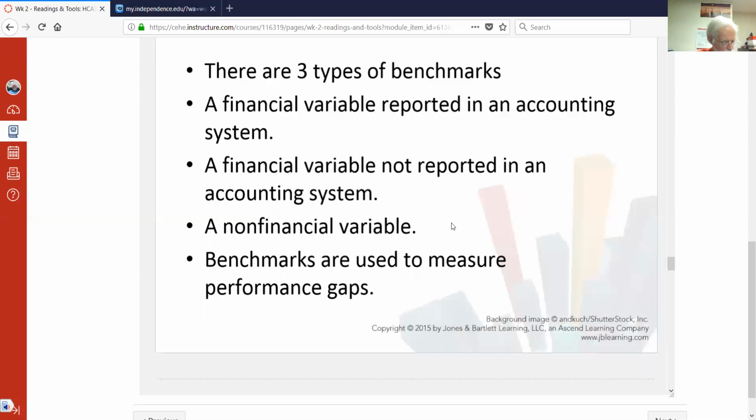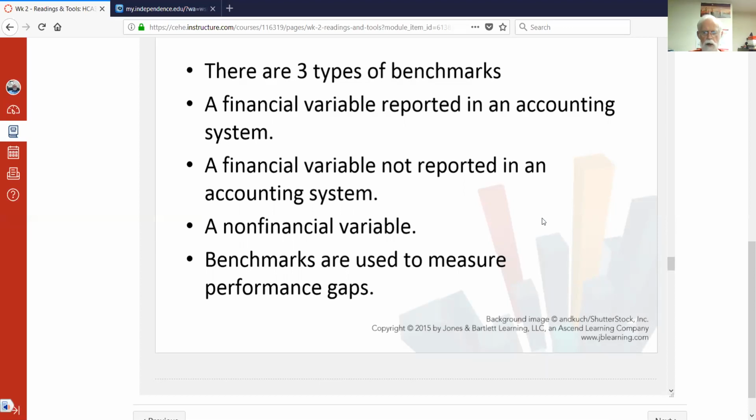We may have as our benchmark a certain level of revenue from our rehab unit based on the cost of operating that unit and an assumed level of patients in that unit. Our benchmarks then are compared to what our actual performance might be.